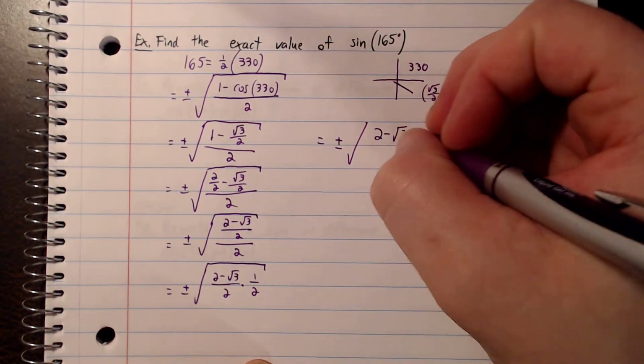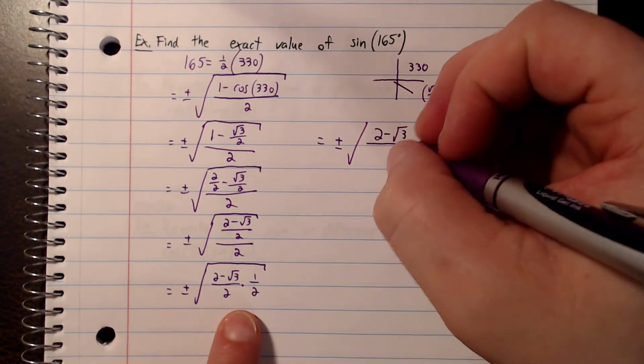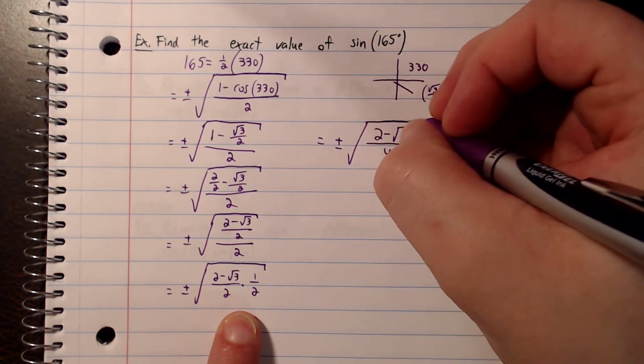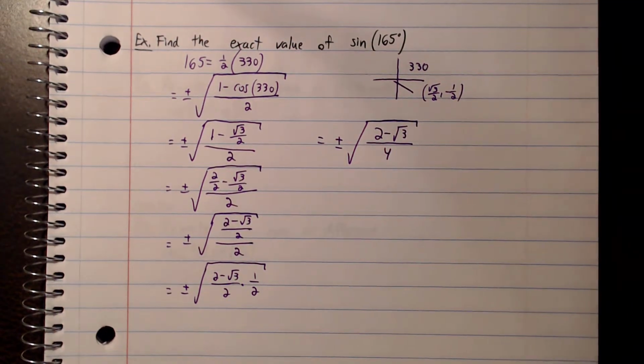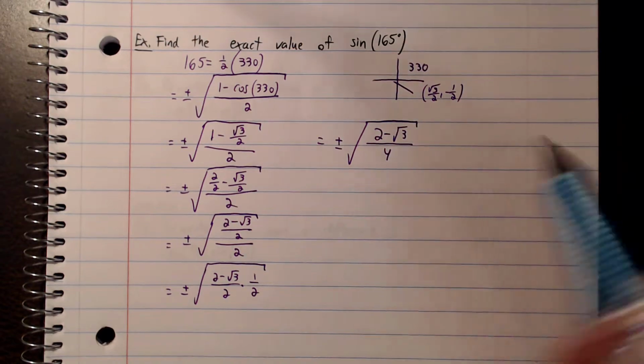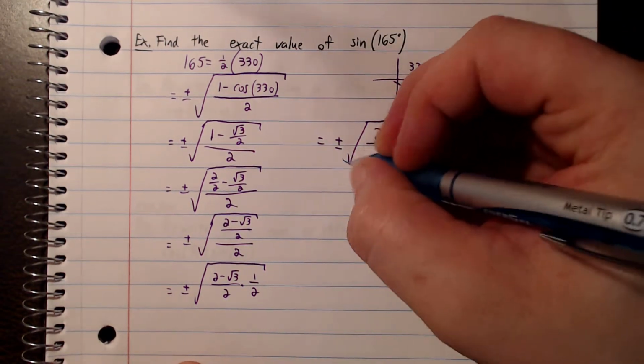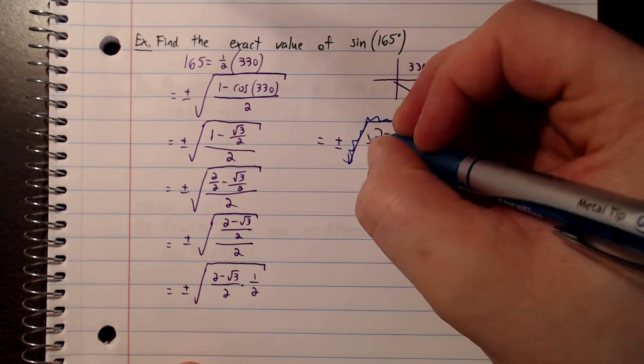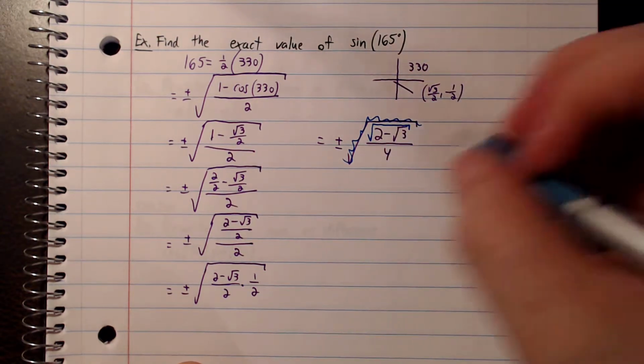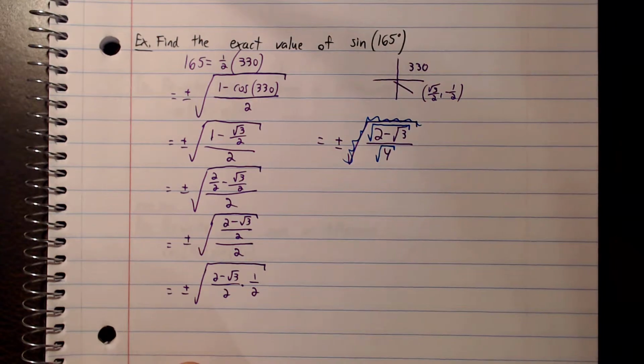So 2 minus root 3. 2 times 2 down here, that's going to give us 4. And hopefully you remember from radical functions, I'm going to break this square root up. So it's going to go away. I'm going to have the square root of this whole thing on top and square root of the thing on bottom.